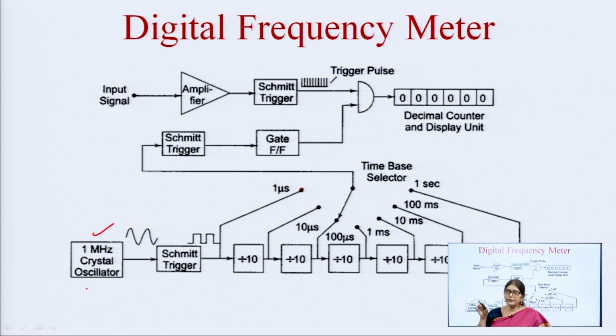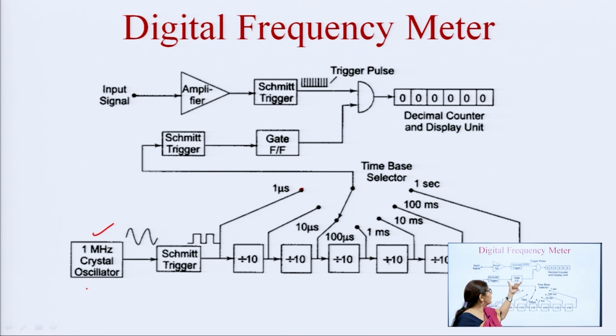If the amplitude is very high, then it may be attenuated by the attenuators, and then it is fed to the Schmitt trigger circuit, which converts it into pulse form. Here the pulse is applied through the Schmitt trigger again, because if any distortion occurs, now a complete square wave is there, and after that there is a gate flip flop.